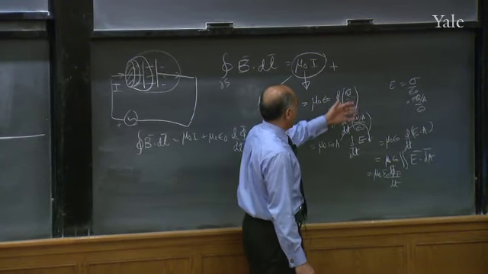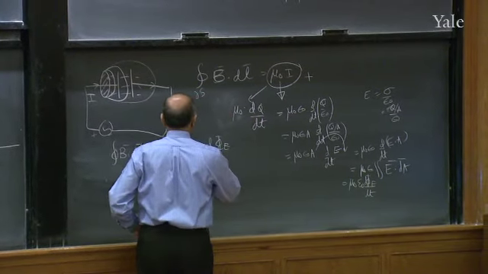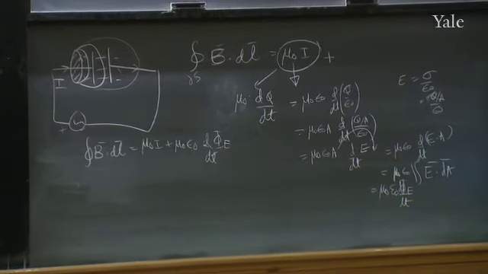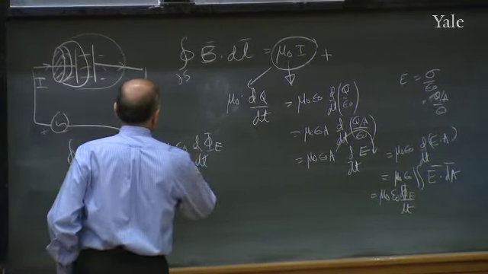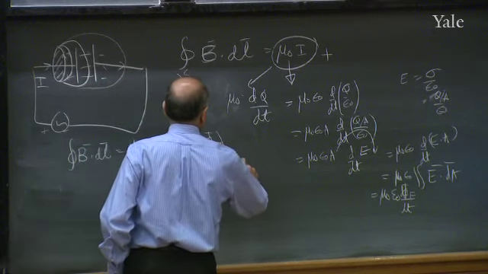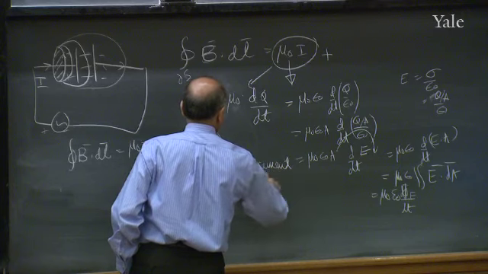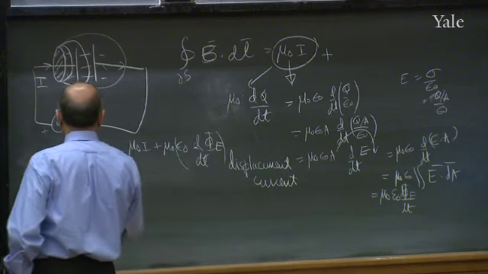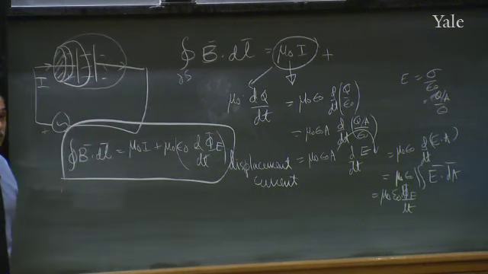That's simply related to the electric field. Then you'll find this is simply the electric flux rate of change times mu 0 epsilon 0. This extra term is called the displacement current. You don't know why, I don't know why it's called that name, but you know that you have to put that extra term.